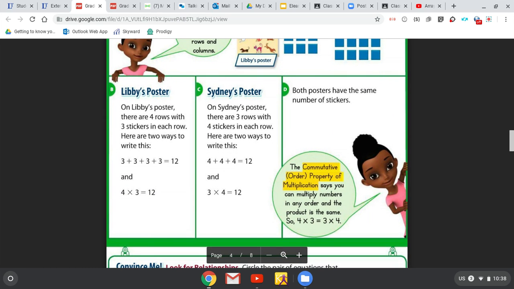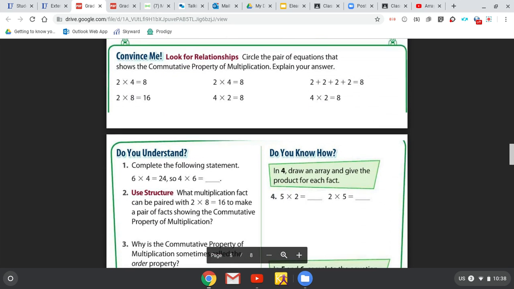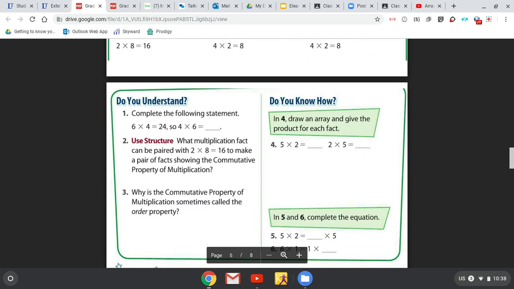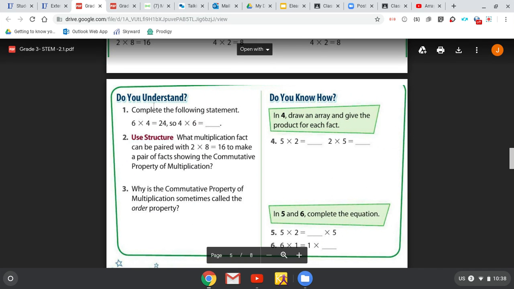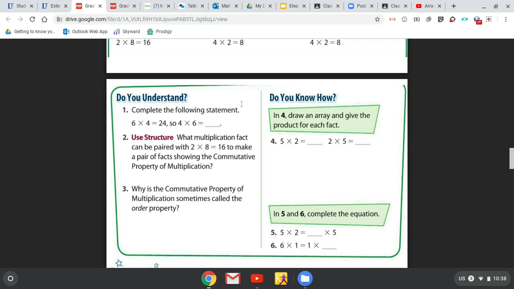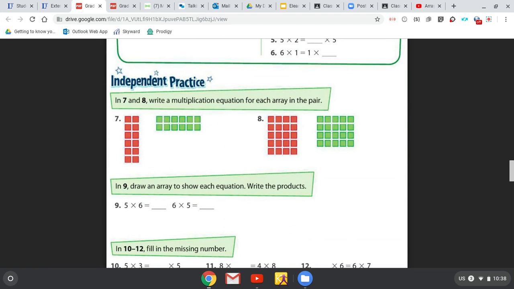Look through these examples, thinking about how if you multiply 4 times 3, it looks different than 3 times 4, but they both give you a product of 12. Show your understanding of arrays on these sections under Do You Understand? And Do You Know How? Show me what you understand and continue on with independent practice.